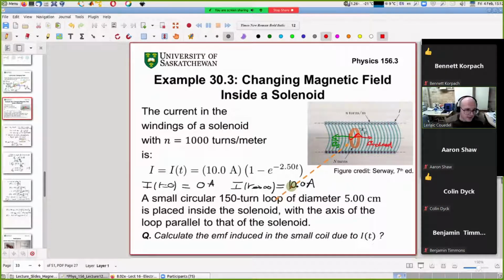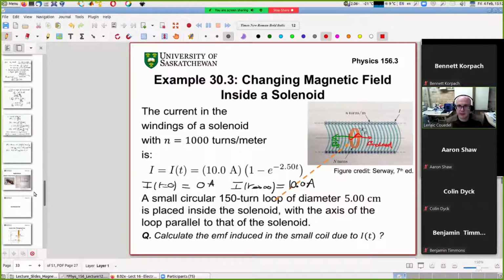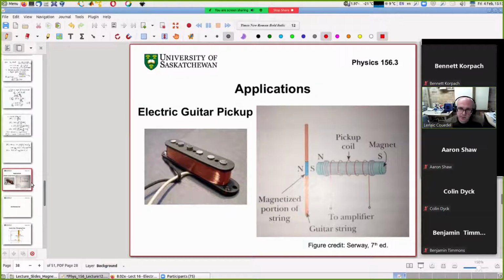All right, so we're going to finish with one application. One application is the guitar pickup. Some of you probably play the electric guitar and you've probably seen those pickups. You have these bar magnets, a pickup coil, and the magnetized portion of the string. When you play the guitar, the string vibrates and therefore the magnetic flux through the pickup coil changes.